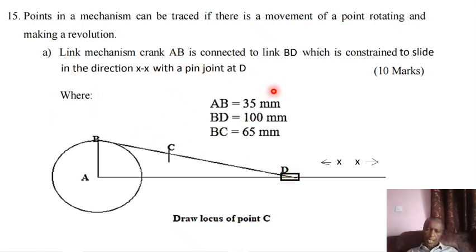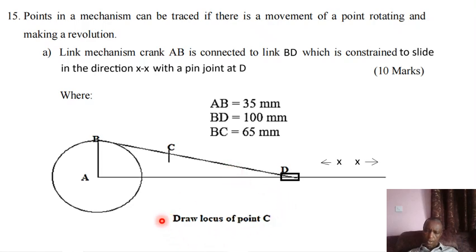So these ones we had gone through, and we know that AB is a crank 35. So this circle is also 35 radius, and then BD is 100, and BC is 65. So we have all the parameters together, and we can now tackle this question.